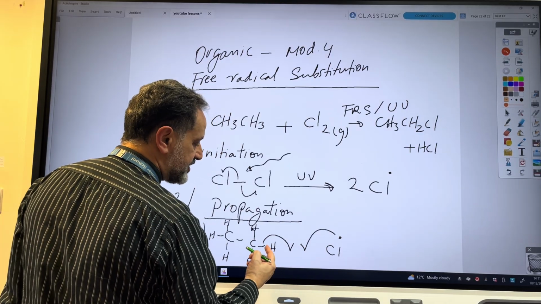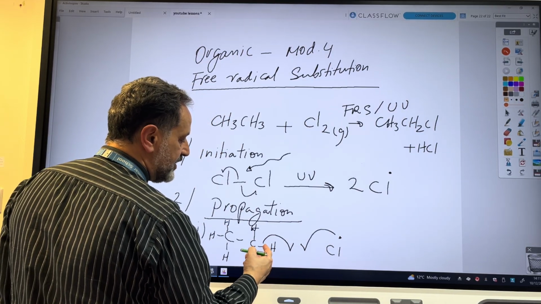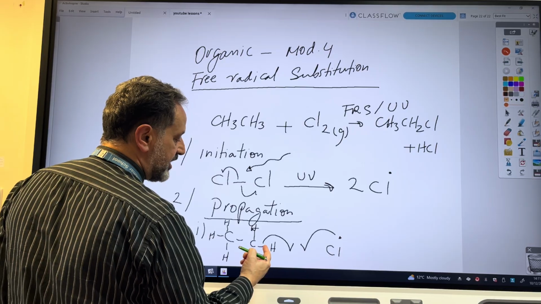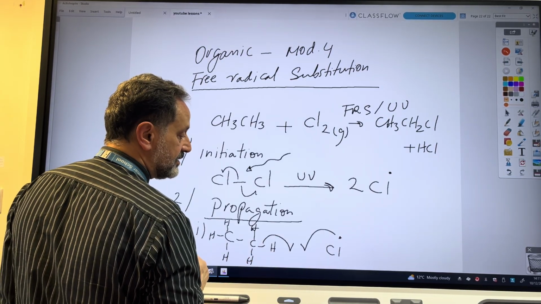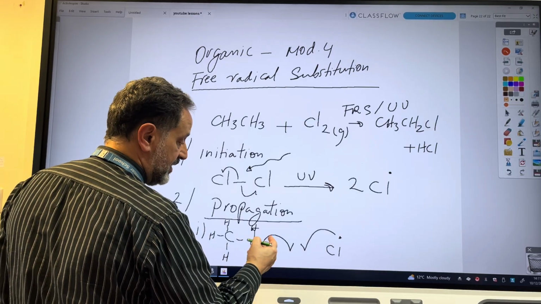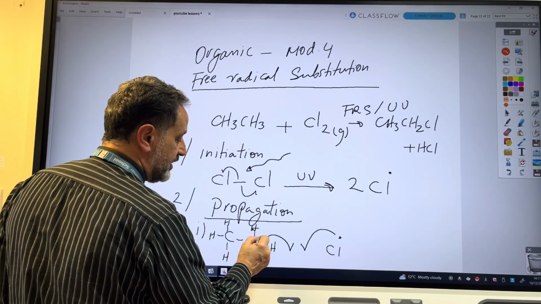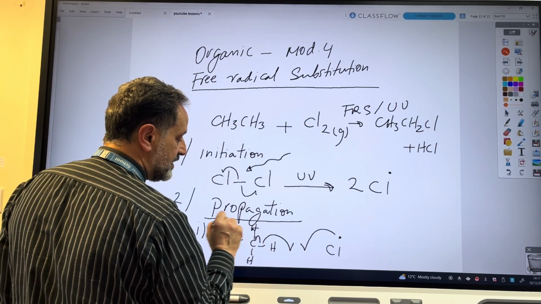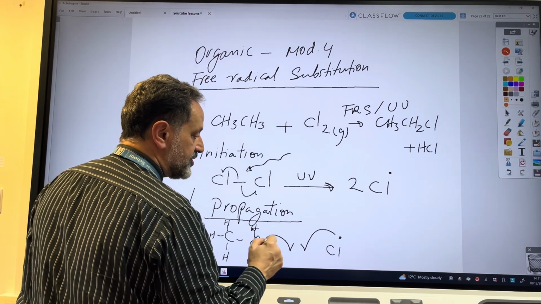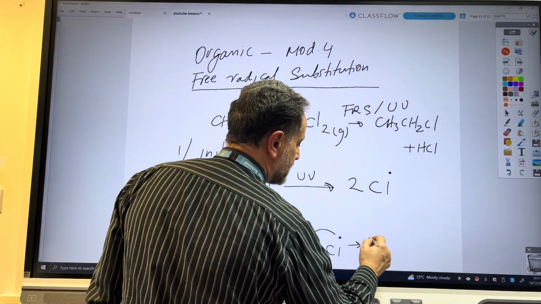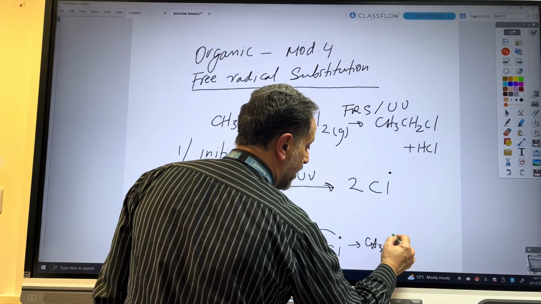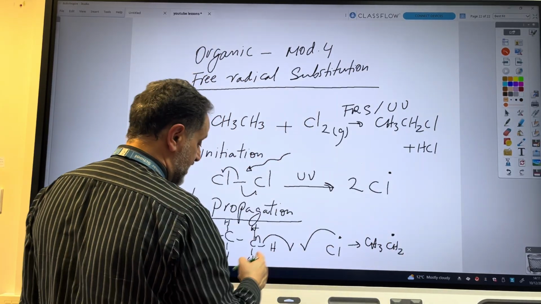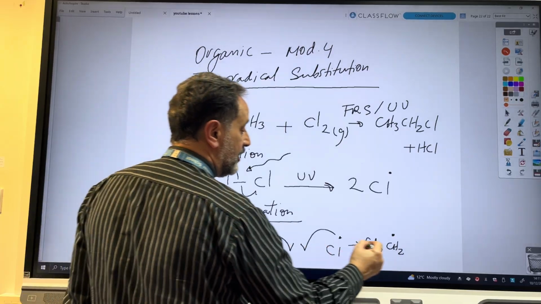Hydrogen has 2 electrons shared between carbon and hydrogen. So instead of sharing that electron with carbon, it shares it with chlorine, and then the other electron goes and sits on the carbon. So what is the result of that? You have CH3CH2 dot, because now this bit has turned into a free radical, plus HCl.